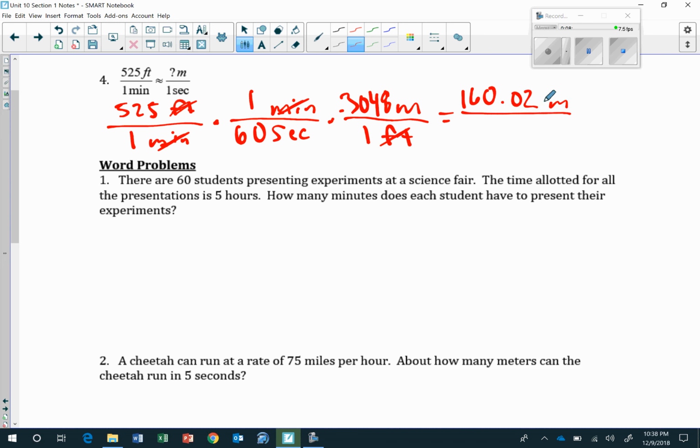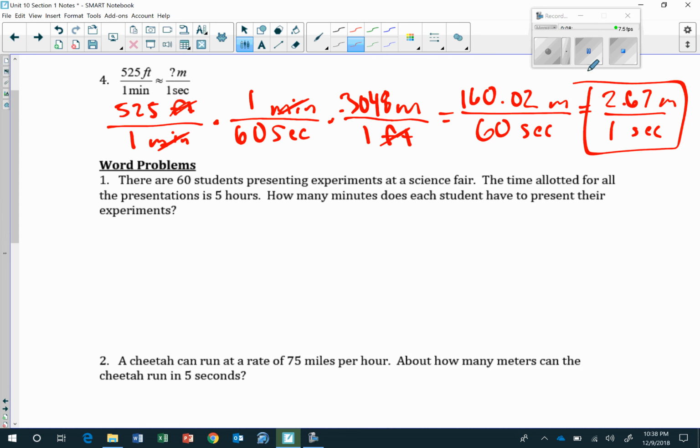And then when I multiply the bottom, I have 60 seconds. Now I want how many meters in 1 second, so I can go ahead and divide top and bottom by 60. I'll get 1 second on the bottom. On the top, I'll get 2.67 meters. And then that'll be my final answer. And again, that's not exact. That's around 2.67 meters in 1 second.